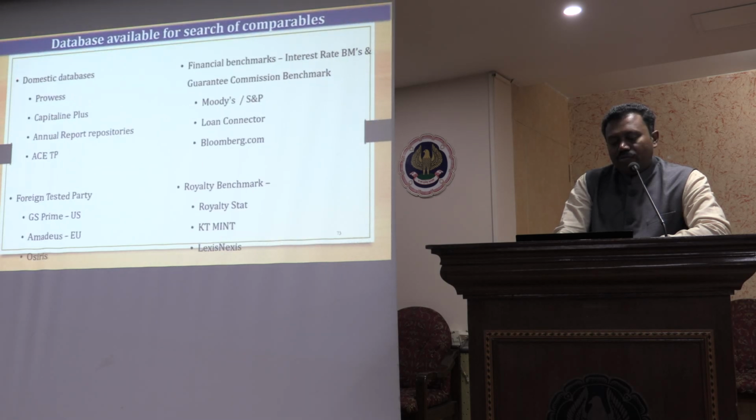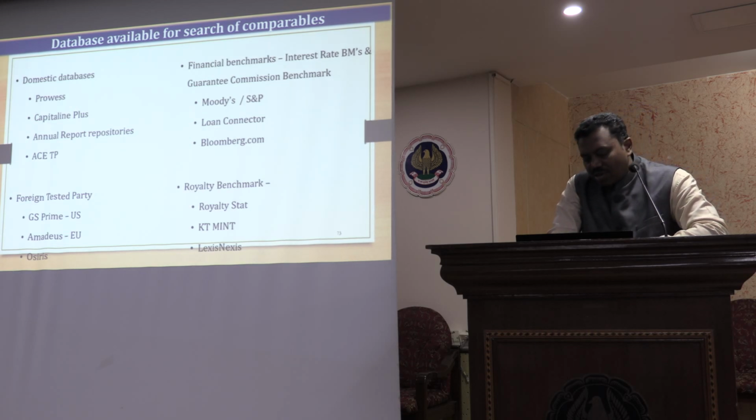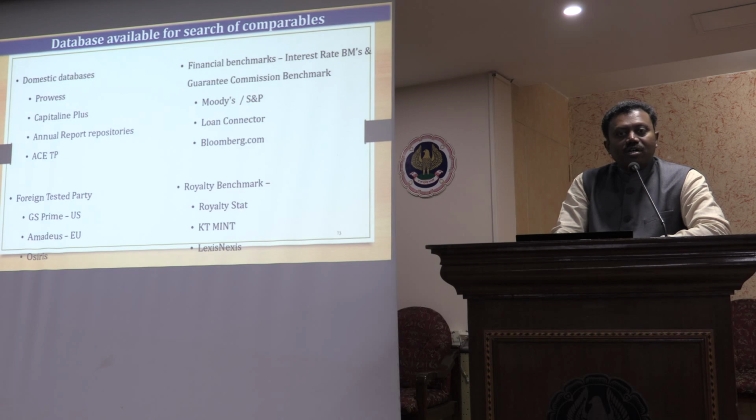Benchmarking I don't go into, we have already seen. In the same PPT, in slide number 73, I have listed which database we can use for what. Domestic databases, we have Prowess, Capital Line, annual report repositories like MCA, ESTP. Foreign tested parties, there is GS Prime, Amadeus, Osiris, of course there is Thomson Reuters, you have Bloomberg, all that.